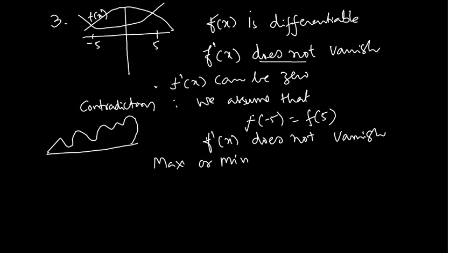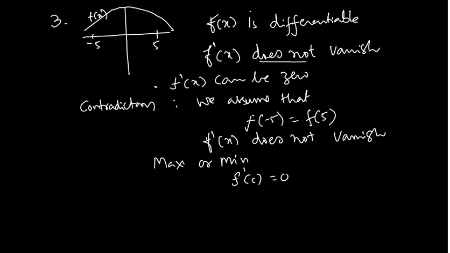It says f of b minus f of a divided by b minus a. In this case, b is 5, a is minus 5, so b minus a equal to 10. So some difference exists, and hence you cannot have f of minus 5 equal to f of 5.